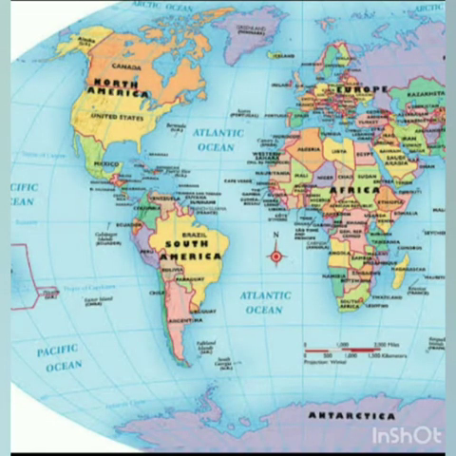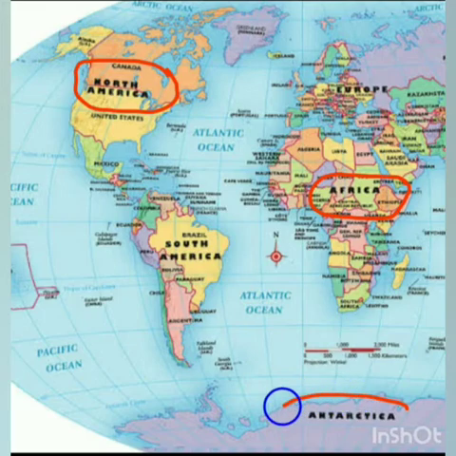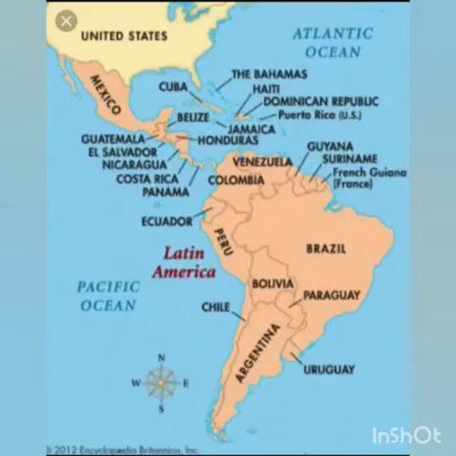Who are the neighbors of this continent? The continents neighboring it are North America to the north, Africa to the east, and Antarctica to the south. South America is joined to North America by the Isthmus of Panama. So this is Panama, and this isthmus joins South America with North America.